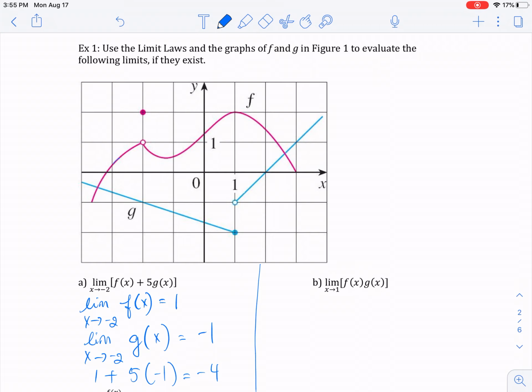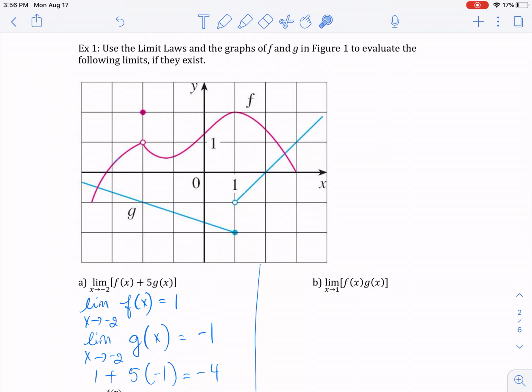Okay. Now for part B, you see that x approaches 1. So let me point that out for you. For the function f, x goes to 1 right here. Okay, so x goes to 1.